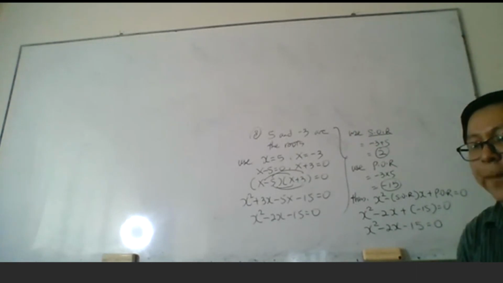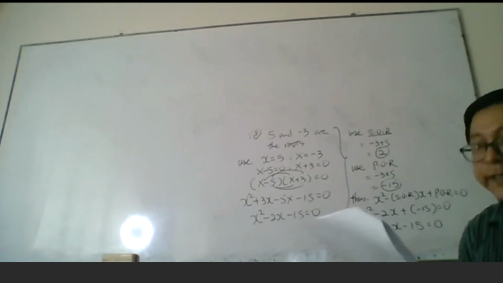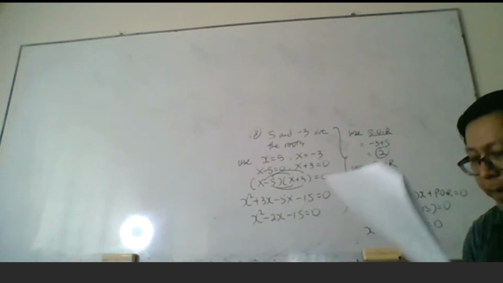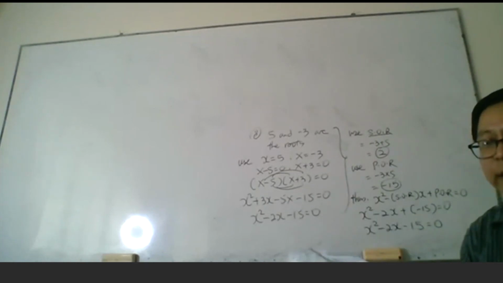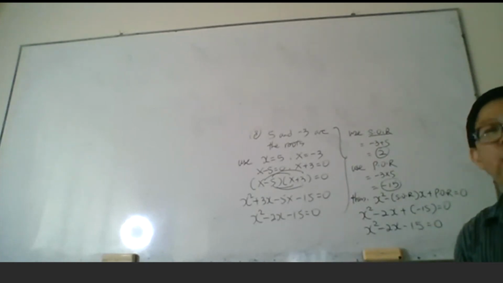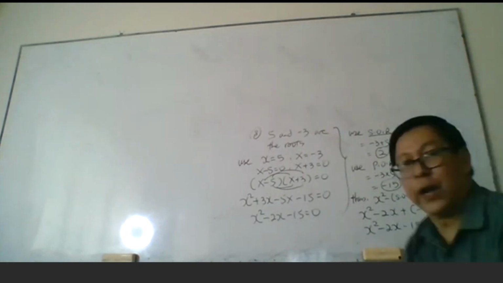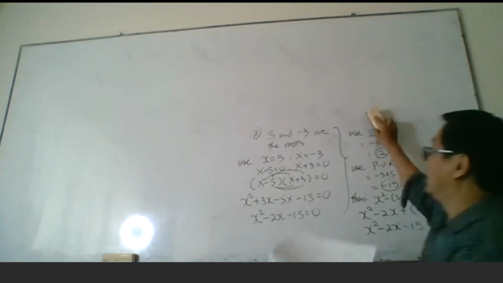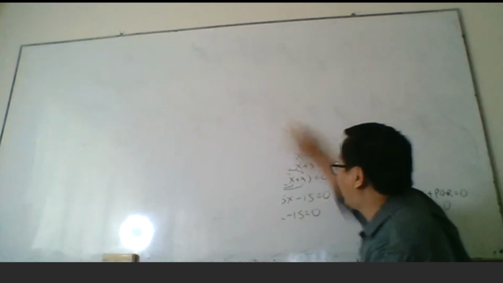Anyway, can you please look at your example number 9 in page 7. Okay, I will teach you how to form a quadratic equation with sum of the roots and product of the roots.